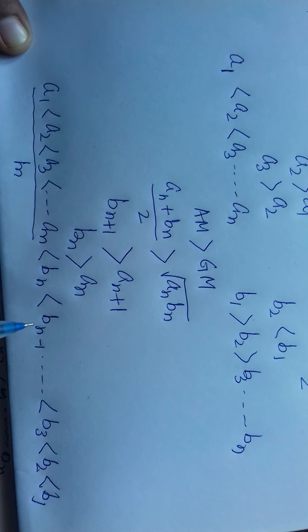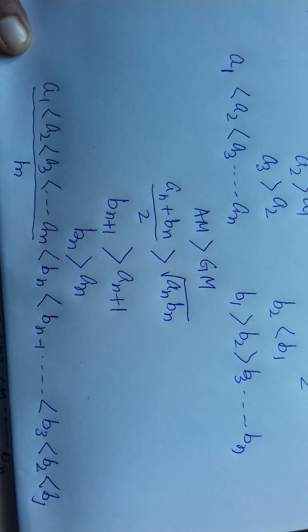In the same way, if you see this b1, b2, b3, then this is a decreasing sequence and bounded below by a1, so this sequence bn is also convergent.